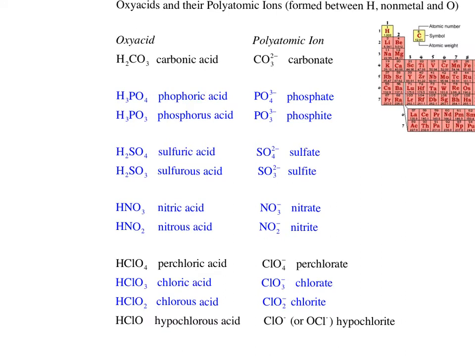The 4 is greater, the 3 is smaller. So with sulfur, you also get a 4 and 3 combination, and you see the IC and the OUS. With nitrogen, it's different. You get a 3 or 2 combination, but you have the greater and the lesser, the larger or the smaller number of oxygens.